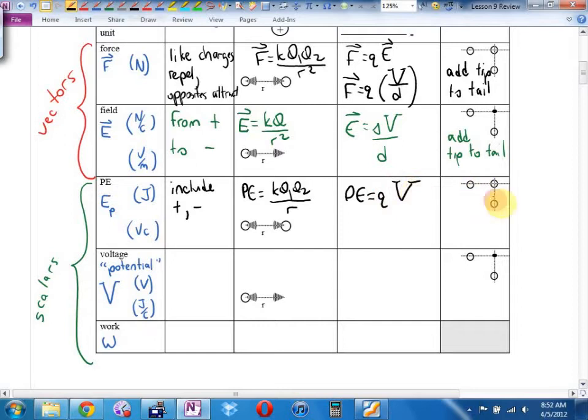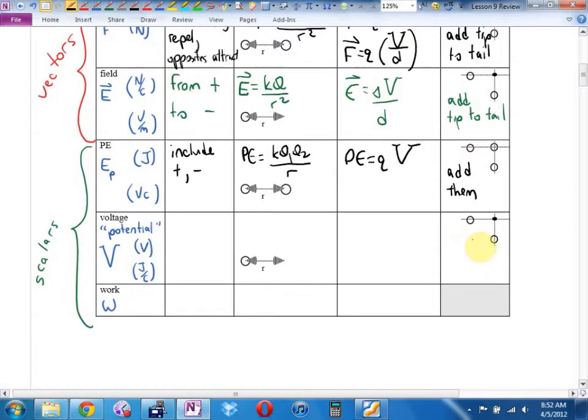What if stuff wasn't lined up? Who cares? It's a scalar. Just add them. No tip to tail. What's the total energy? Add up the energy from the first one, the energy of the second one, and add them up.